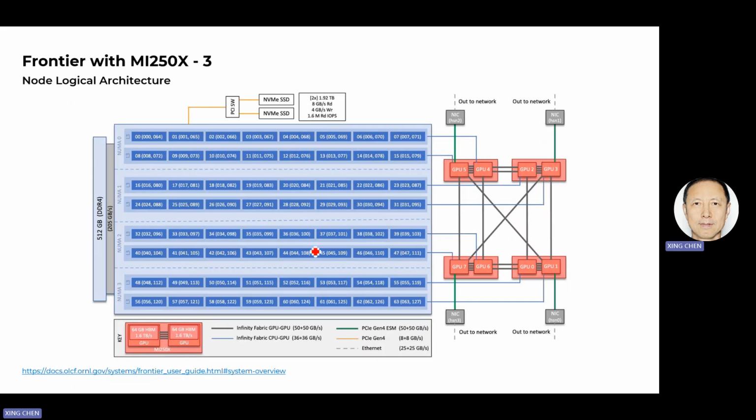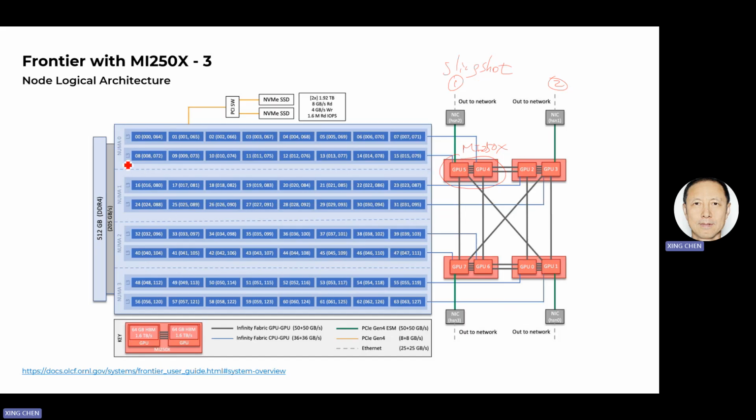So this is the logical architecture of the Frontier node. You have this MI250X. You have 2 GPUs per physical GPU. And you have these 4 links, that's Slingshot. And here you have this CPU.